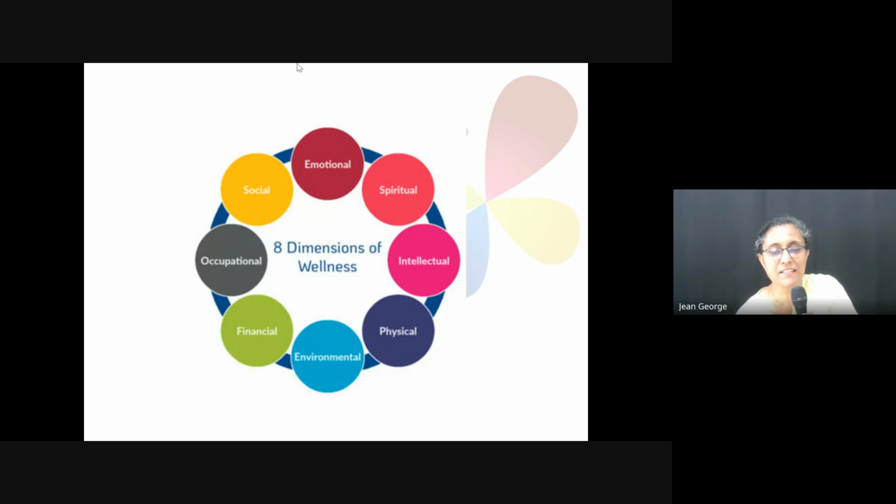And there are 8 things that are written here. So there is physical, environmental. Environmental means to do with all that is around you, like the weather, the water, your housing. Financial, all to do with finance. Occupational is what you are doing, your work that is assigned to you. Social, that is relationships.